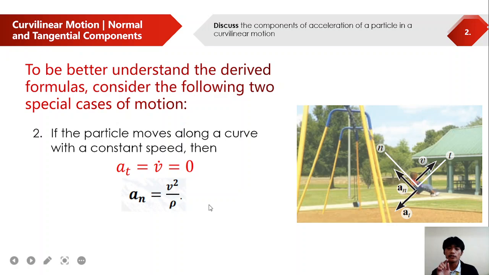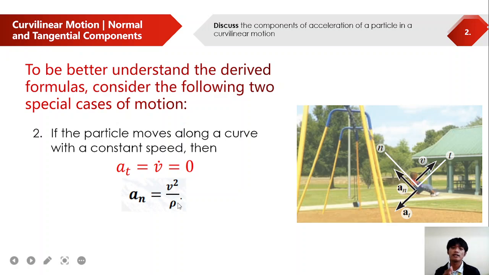Therefore, our rho here will approach infinity, and any number divided by infinity equals zero. Okay, no value. So that's for the first case.